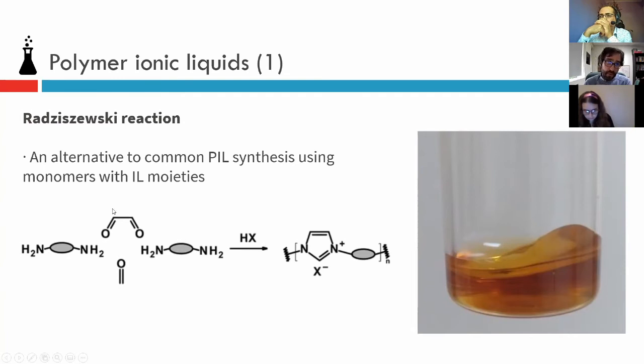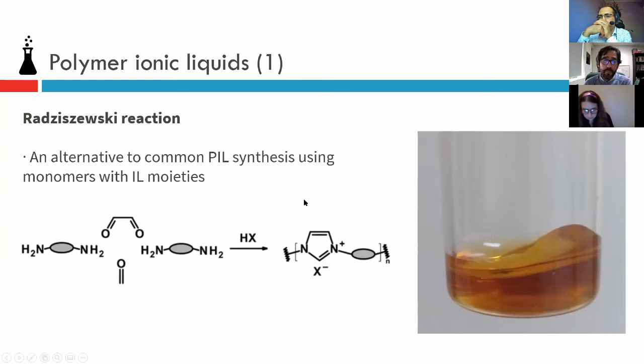So if you mix all these reagents just with water, you can create this polymer. And look at that, the counter ion comes from the acid that you are using during the synthesis. In our case, it's commonly acetate.